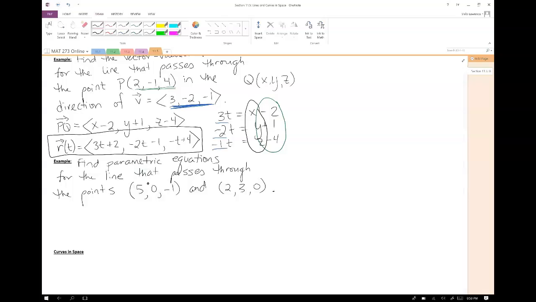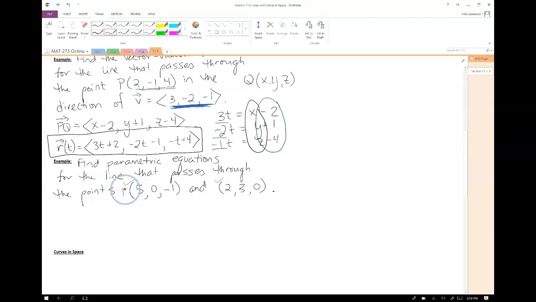The two most basic pieces of information that we need are a point on the line, and we've got 2 of them, so we're all set with that. And then we also need a direction vector, a vector that points in the exact same direction as our line. But since we have 2 points on the line, we can create a vector between those 2 points and use it as our direction vector.